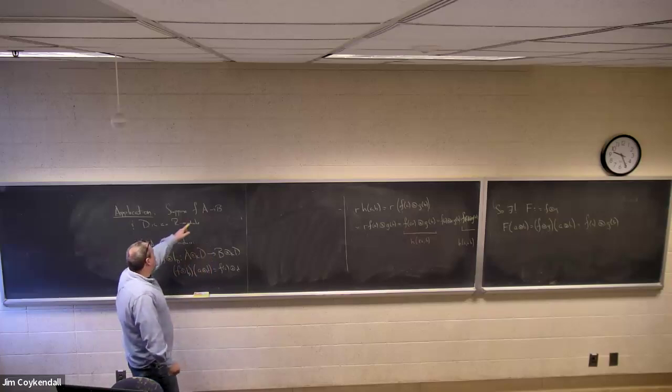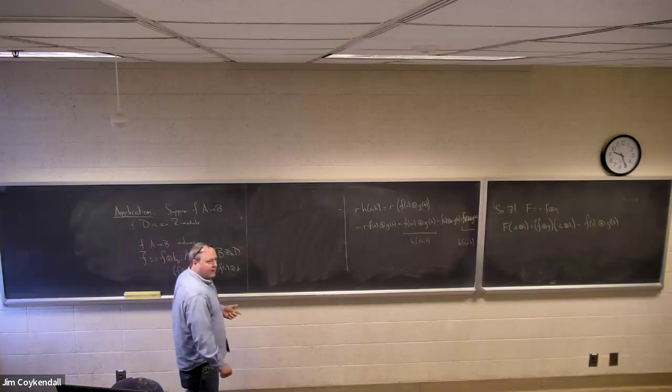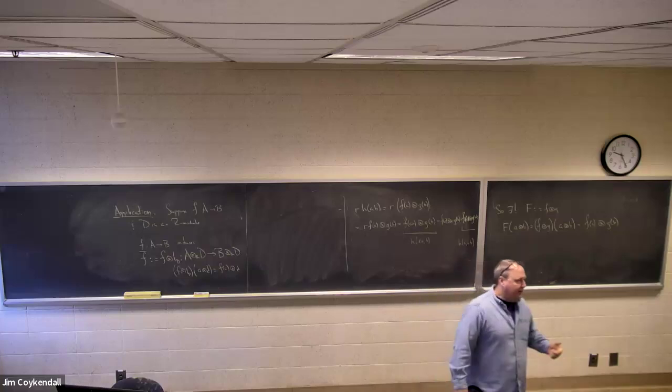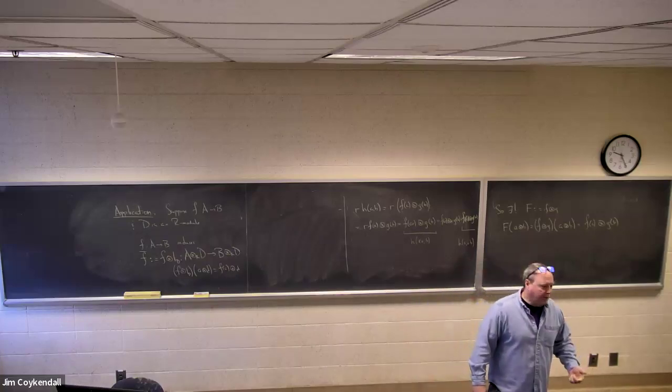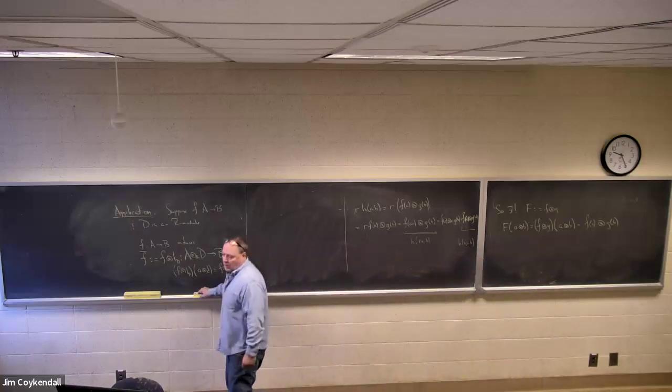So if I have a homomorphism F from A to B, then this induces a homomorphism from A tensor D to B tensor D. This might seem familiar because we do something similar on Hom. And that's exactly where we're going with this.